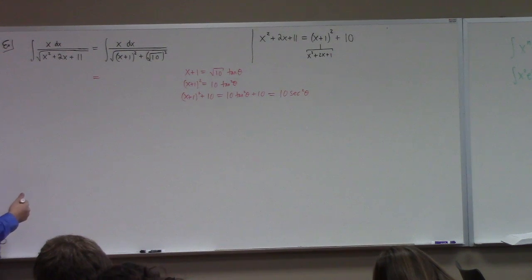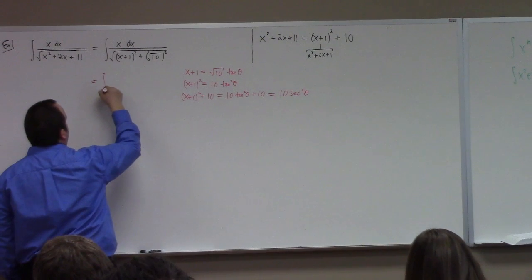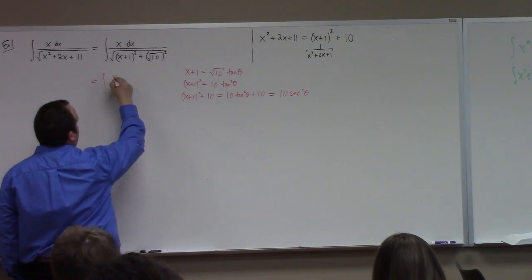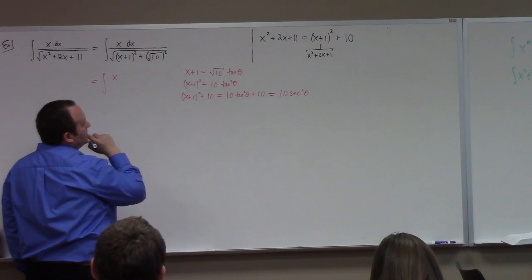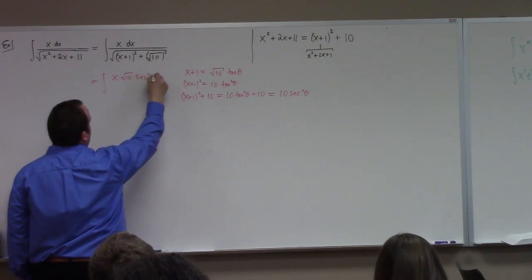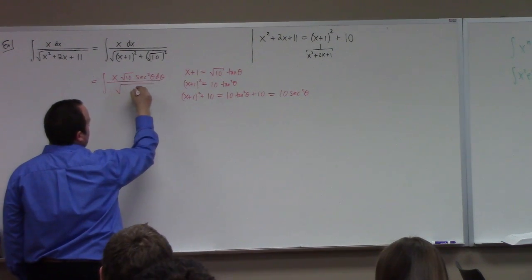Which is pretty awesome. Now, this is equal to what? Integral of, I'm going to do one step here. x, what's the dx? Square root of 10 secant squared theta d theta, right? And I'm dividing by the square root of 10 secant squared theta.